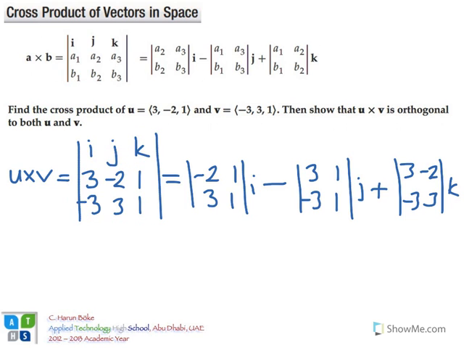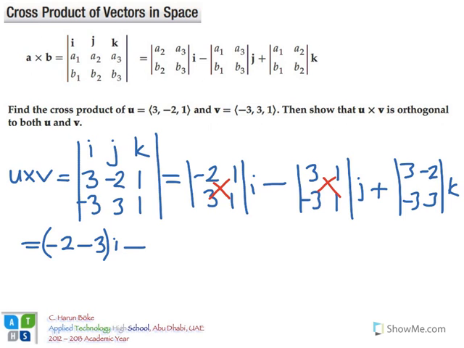To find the value of a 2 by 2 determinant, we cross multiply. So for I it is minus 2 times 1, which is minus 2, minus 3 times 1, which is 3, and so on. For J, 3 times 1 is 3, minus minus 3 times 1, which is minus 3.